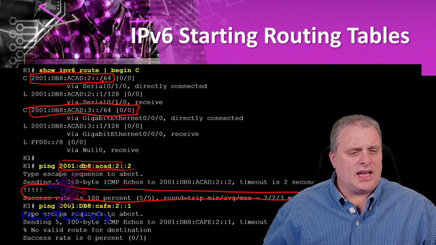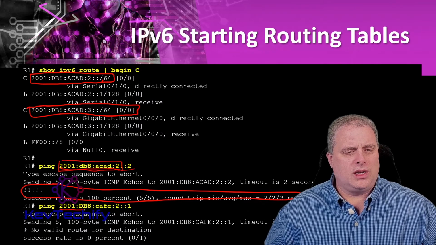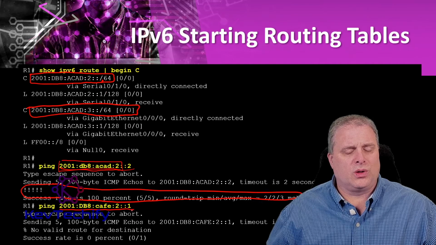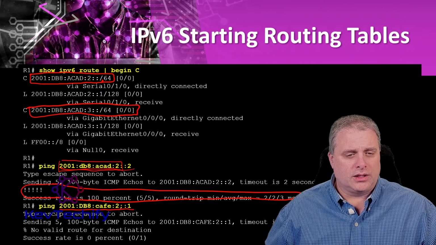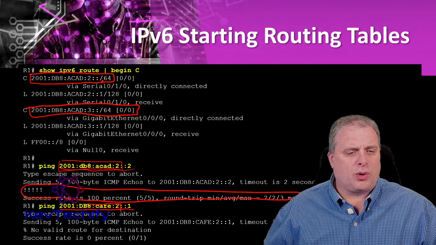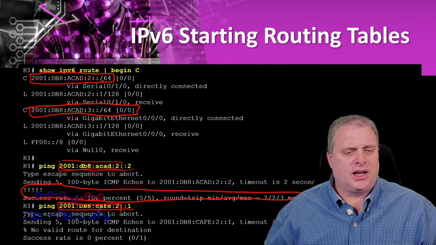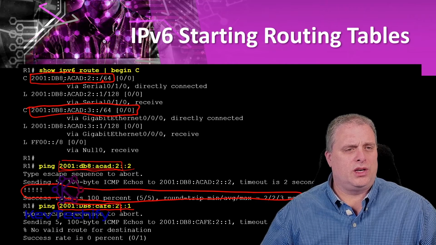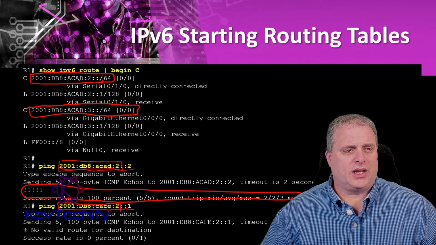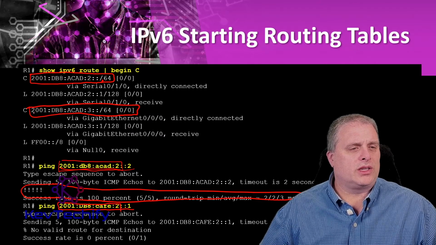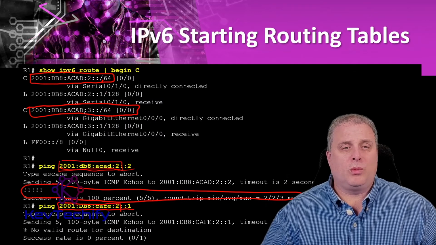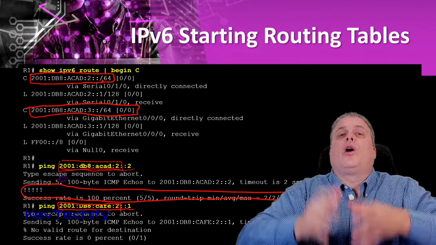Now, our second ping, we ping the 2001:DB8:CAFA:2::1. Let's go ahead and look for this network portion, 2001:DB8:CAFA:2. Do we know how to get there? 2001:DB8:CAFA. Nope, that's not it. Next network we know about, the second one, 2001:DB8:CAFA. Nope, we don't know how to get that. So we don't know how to route to that destination.